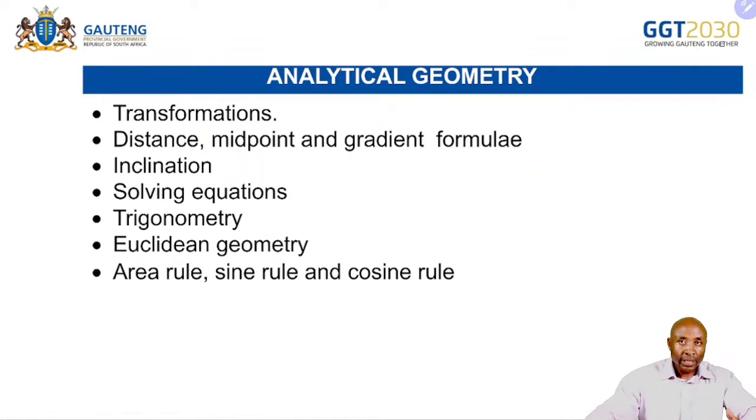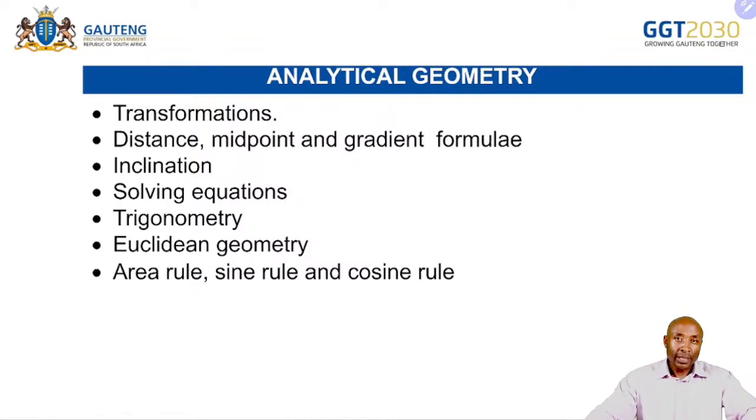I have been mentioning some of the things that we need to know before we answer analytical geometry questions. We must remember our transformations, our formulas for distance, midpoint, and inclination. We should be able to solve equations because we will be dealing with equations of lines, the intersections, and so on.